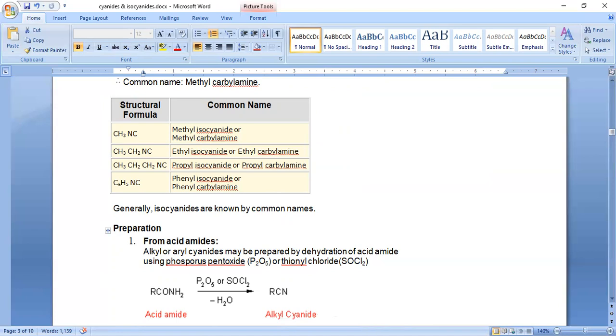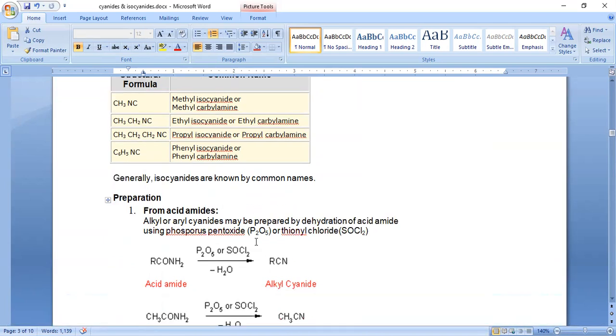For example, CH3NC: again follow the same, root word meth, primary suffix "an", and secondary suffix carbylamine, methane carbylamine. So the nomenclature is the same as for nitriles.